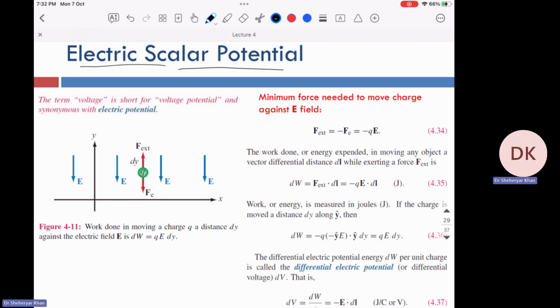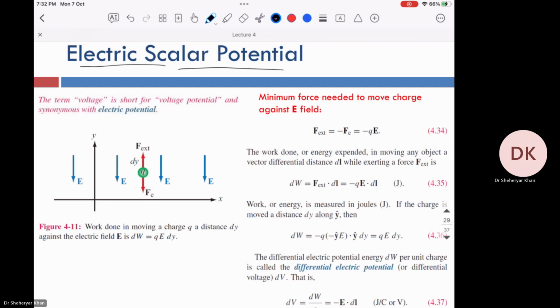So the same principle. If you move an object against the Earth's gravitational field, that's called potential energy. Now we are moving charges against the electric field. Because we learned that the electric field is due to charges, and when you place another charge near a charge, of course, they will repel.